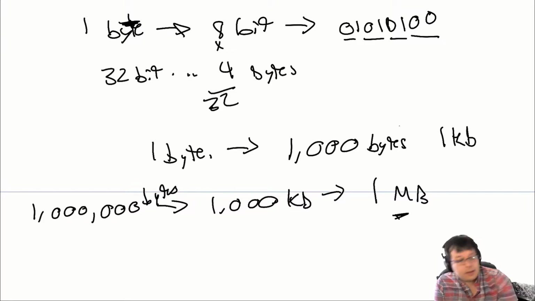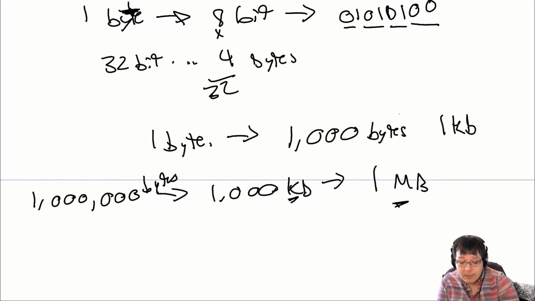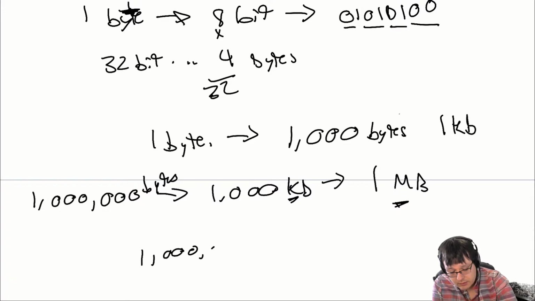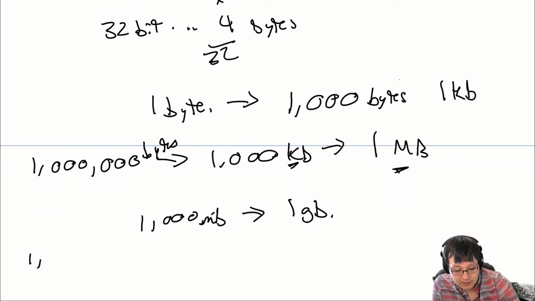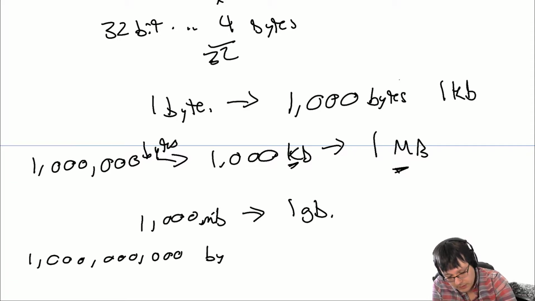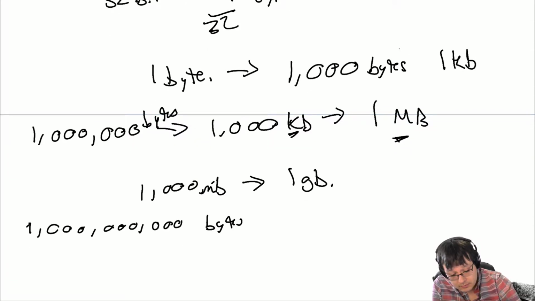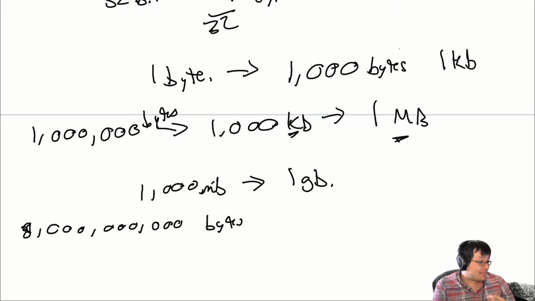The word mega comes from million and kilo from 1,000, like a kilometer. And then if you have 1,000 megabytes, that becomes 1 gigabyte, okay? Which would be the equivalent of having 1 billion bytes, or 8 billion bits, right?